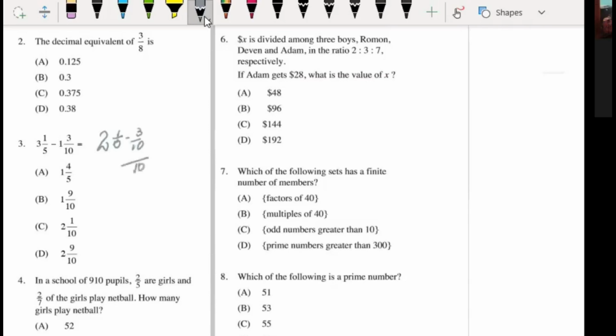And 1/5 is 2/10 minus 3/10. This would give us negative 1/10. So the problem now becomes 2 minus 1/10. That will give us 1 and 9/10. The answer would be B.